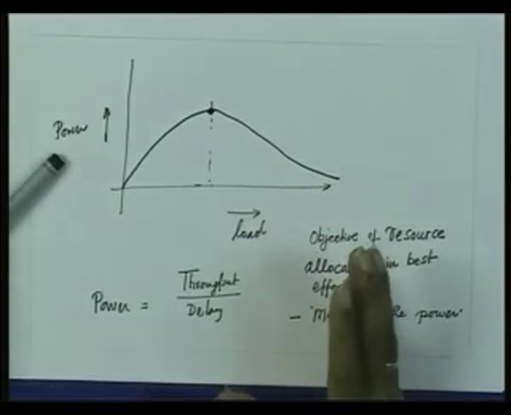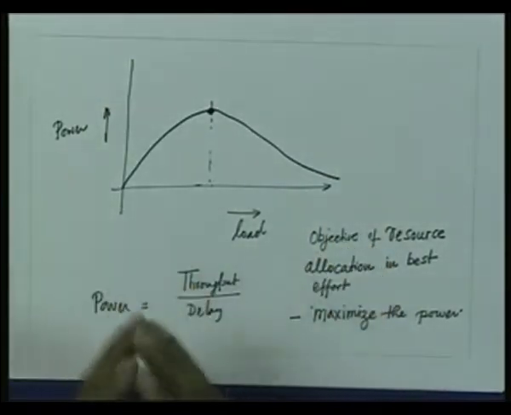Okay. Now, most congestion control techniques, therefore, try to achieve this kind of objectives. Okay. Now, so that is one thing, that that should be the objective of a resource allocation mechanism, that it must maximize the power of a particular connection or of a particular flow between the source and a destination.